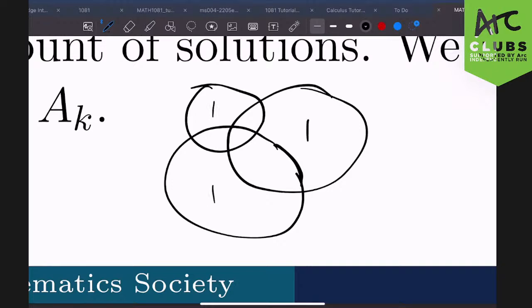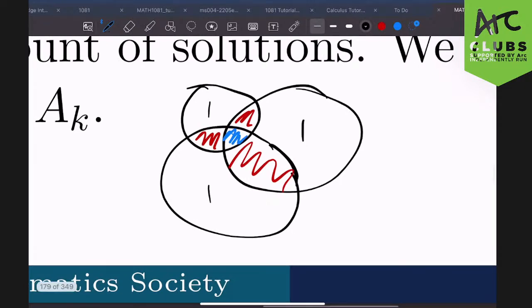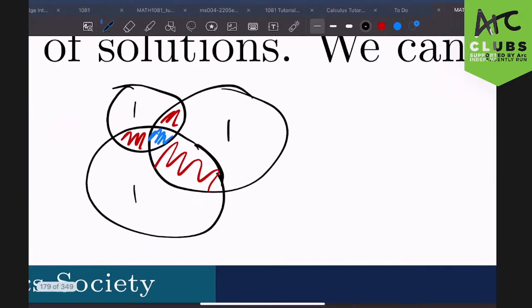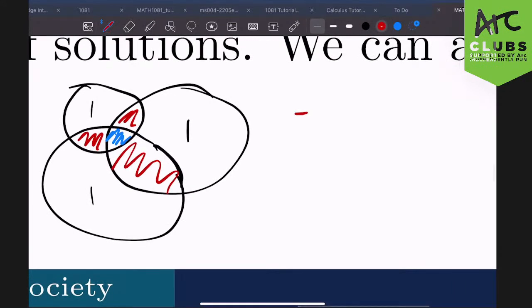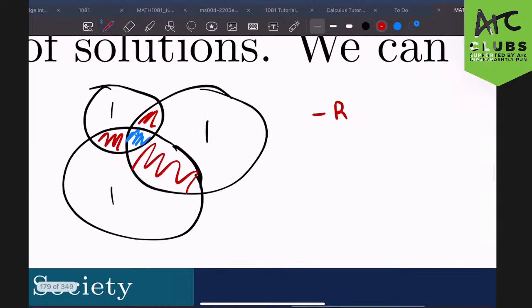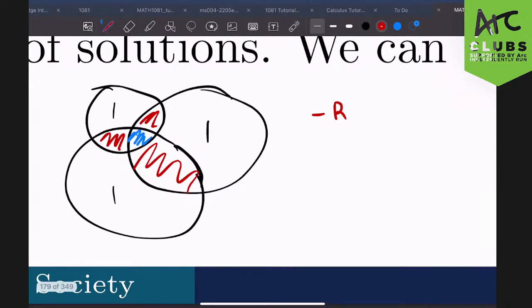Now that means that you've counted these sections 2 times and this section 3 times. So obviously that's not representative of your total. So then you want to subtract the intersections. So you want to subtract the red. But each red includes this middle part here as well.